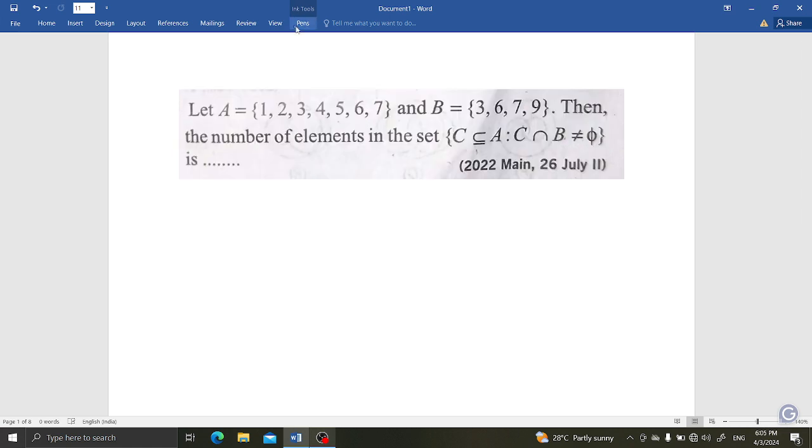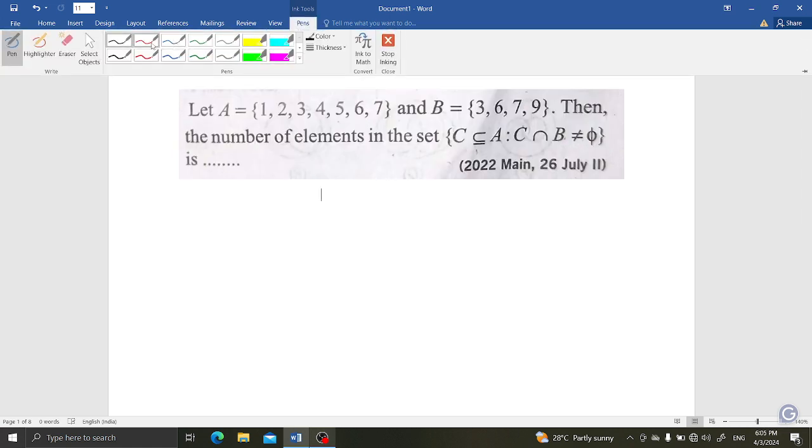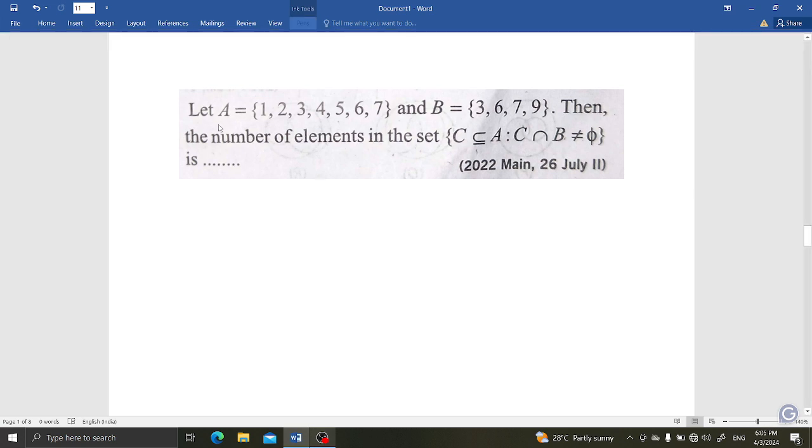this is our next question. What it says, set A is defined as 1, 2, 3, 4, 5, 6, 7 and set B is 3, 6, 7, 9. Collection of those elements. Then the number of elements in the set, we need to find.